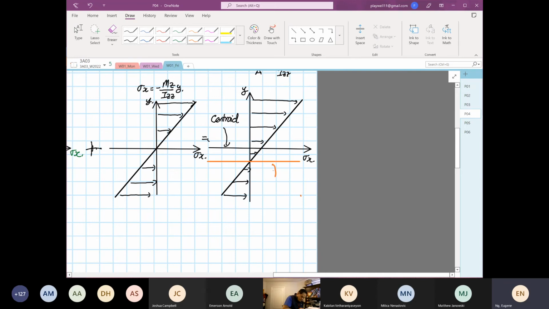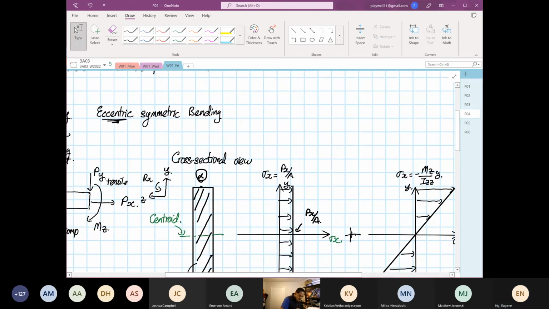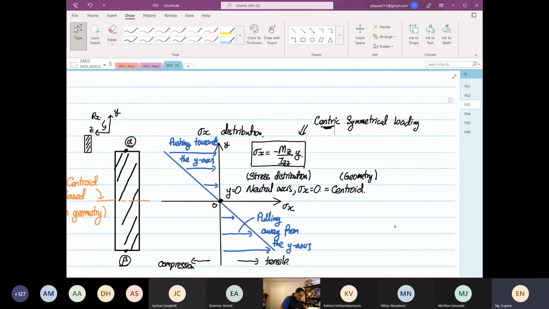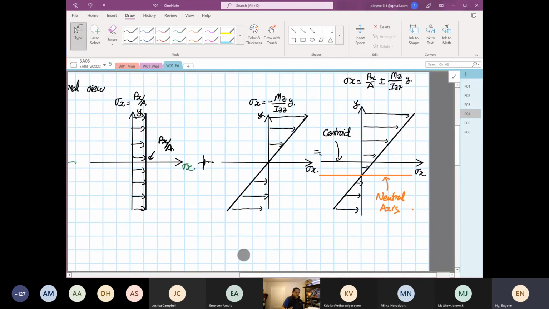So this is our neutral axis. In this case, the centroid and the neutral axis are not at the same location at all. This is the difference between eccentric bending and the previous one, which is centric. For centric, the neutral axis and the centroid are at the same location, whereas for eccentric, they are not the same. Any questions so far?